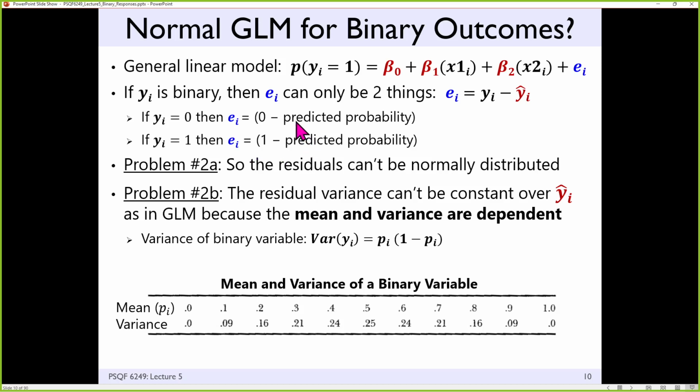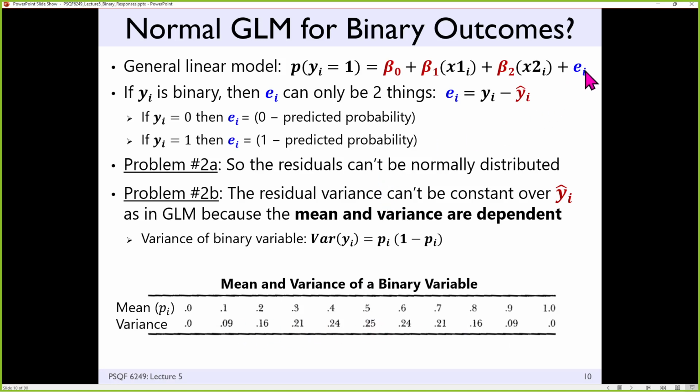So two possible values at each prediction can't possibly create a variance across all of these that has a shape that has a normal distribution with constancy. More directly, the way that you compute the variance of a binary variable is the mean times 1 minus the mean. So a binary variable only has maximum variance if it's split 50-50, and it shrinks as you get close to the boundaries.